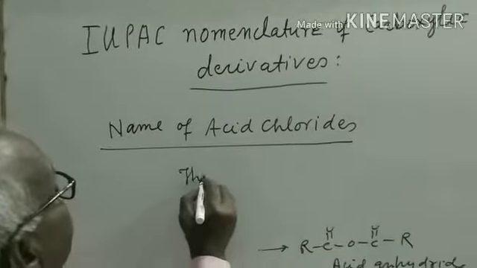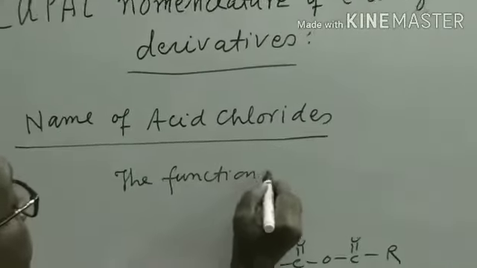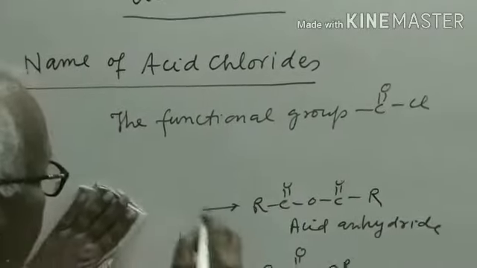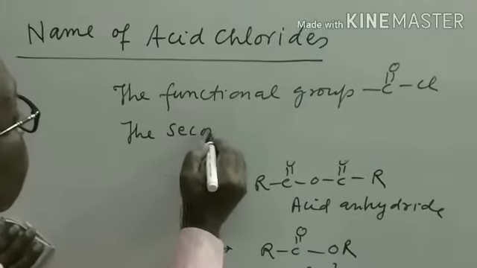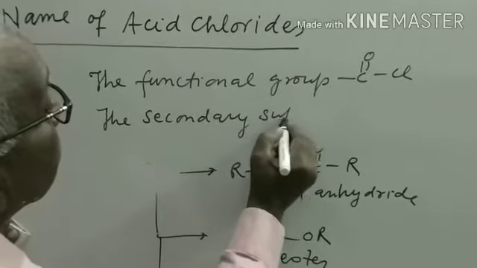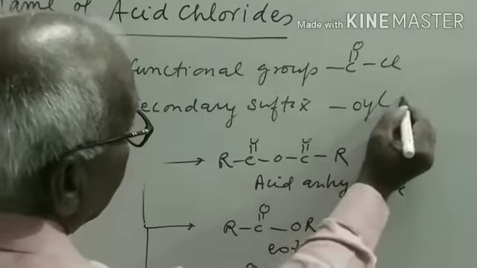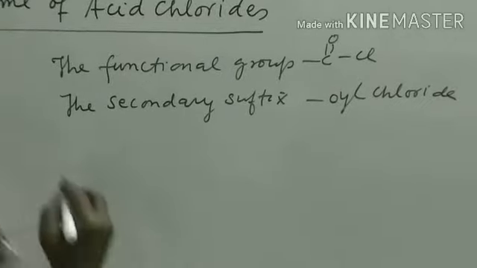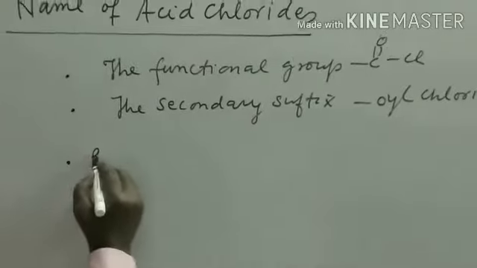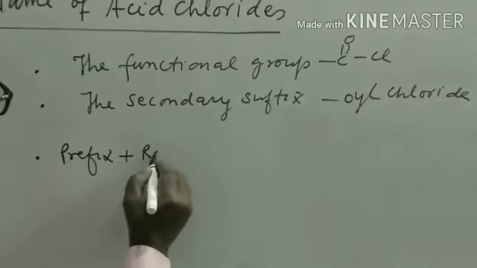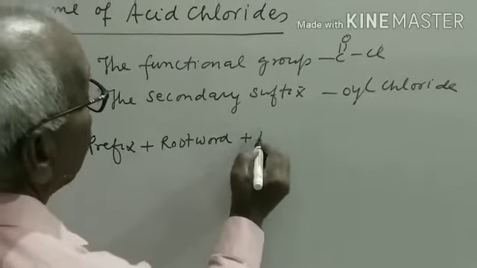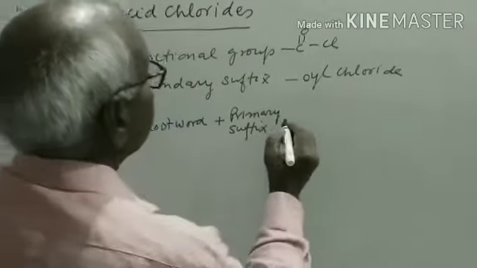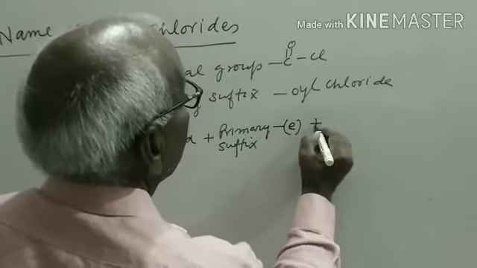The functional group is COCl, the secondary suffix is oyl chloride, rest rules are the same: prefix, root word, primary suffix minus E plus secondary suffix.